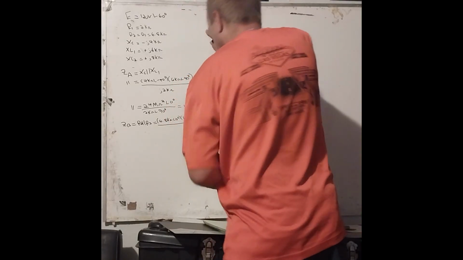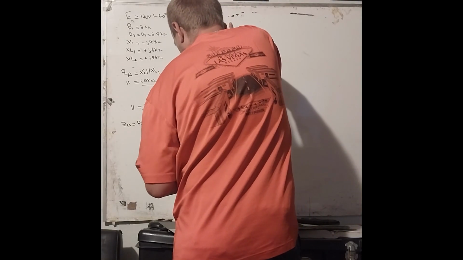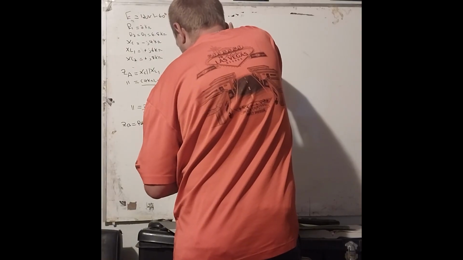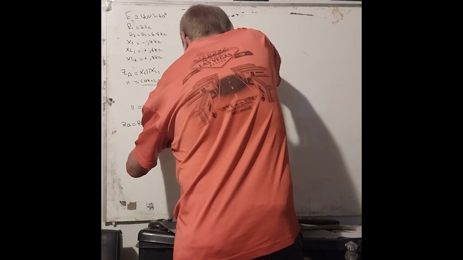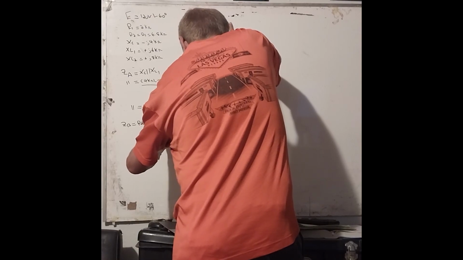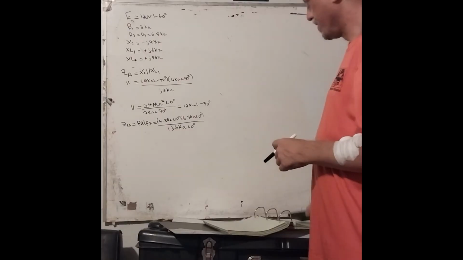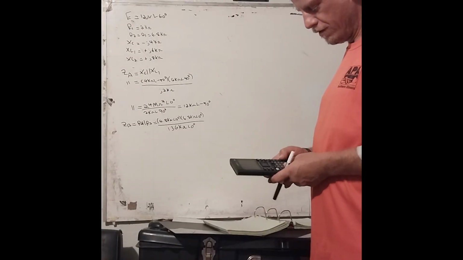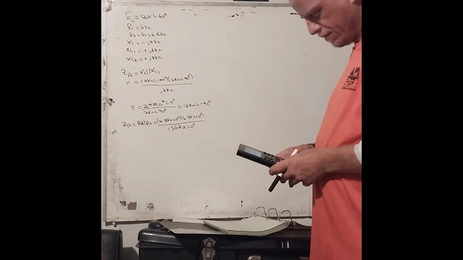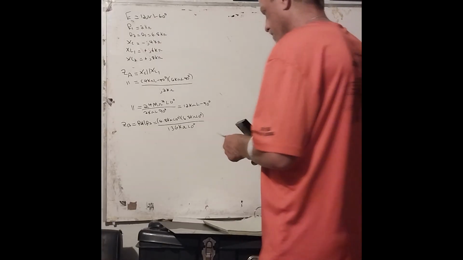Now we're going to divide this by 6 plus 6 is 12, 8 plus 8 is 16, divided by 10 is 1.6, so 1.6 plus 12 is 13.6. And this is going to be k ohms at an angle of 0 degrees. What's 6.8 times 6.8? Well, I'm not going to do that in my head. 6.8 times 6.8 is 46.24.